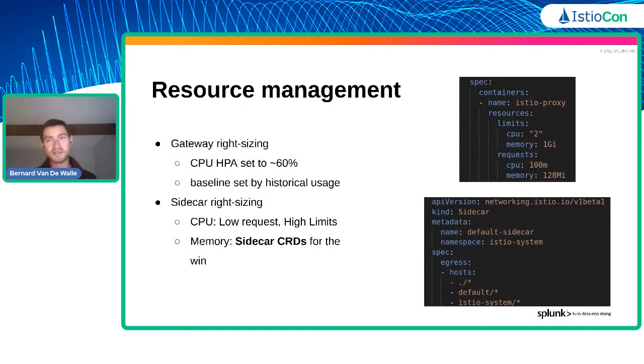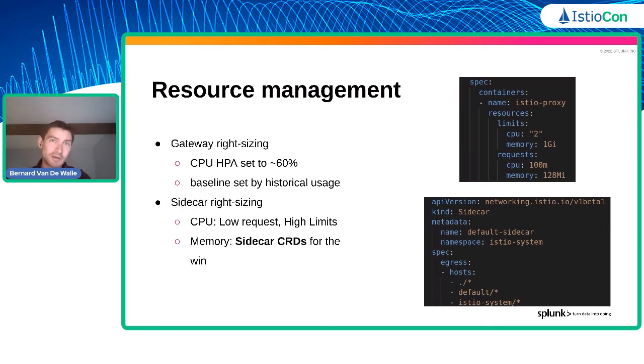Okay, so a little bit on resource management. What we learned when we started with Istio is that we over-provisioned everything because we had a couple of outages and we got scared. And so over the last year or so, we worked a lot to reduce the consumption and the cost of Istio-related pieces.